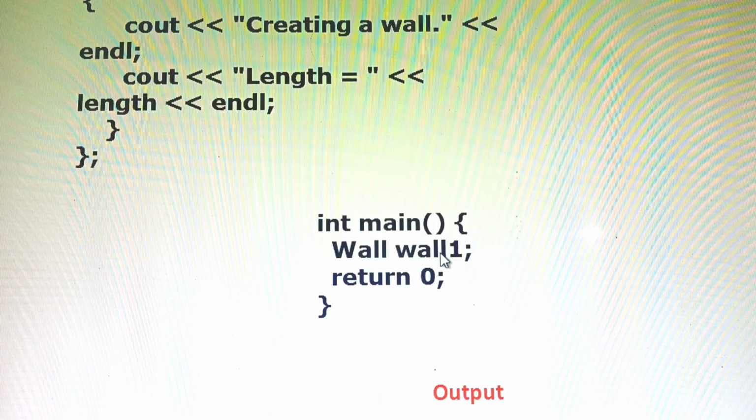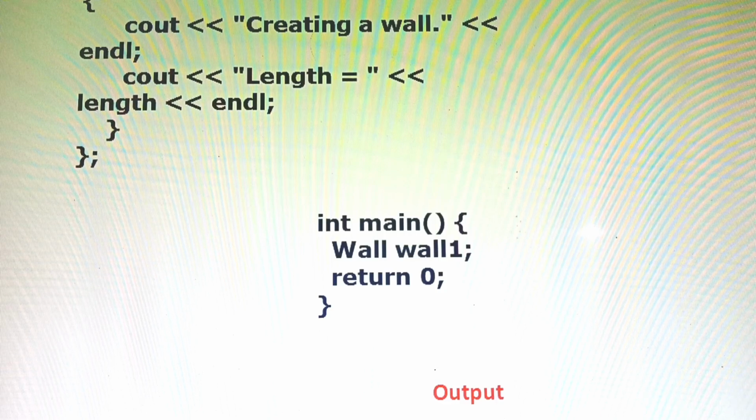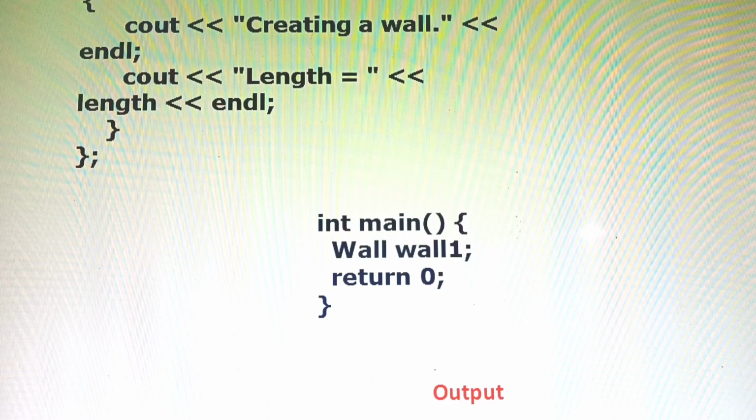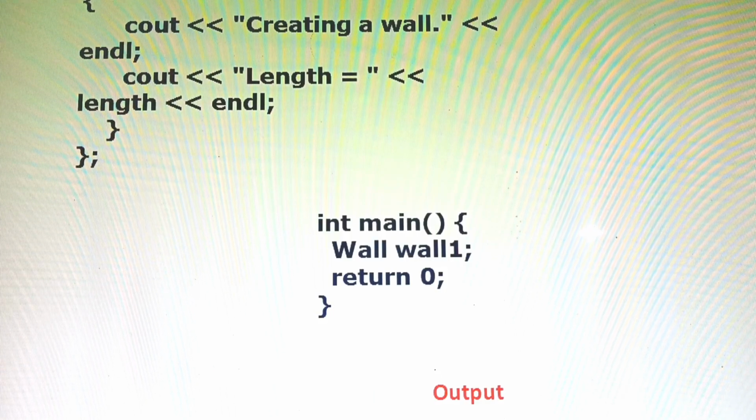Once we create the object, the constructor is automatically called in the main program. Automatically we can access it in the main program.